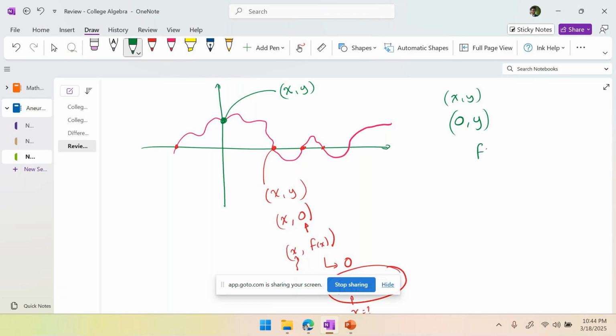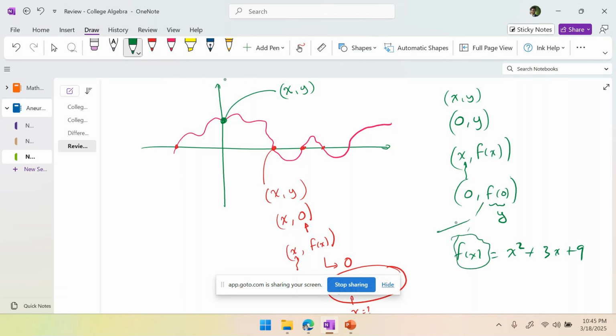Once again, the y value is basically the function value evaluated at a given x, and now we know that the x coordinate is 0, hence the y value is given by directly substituting 0 into the function. So this is the y value. No matter what function you have, say something like this, x squared plus 3x plus 9, you just have to work it out appropriately.